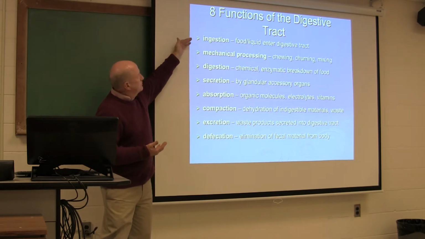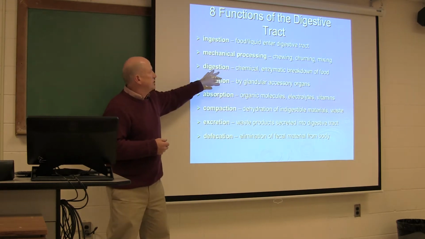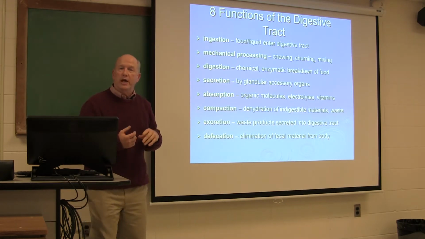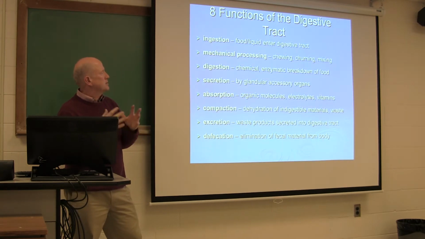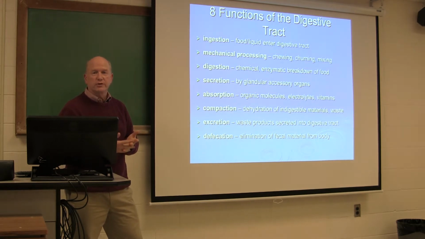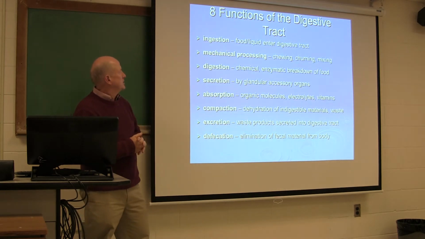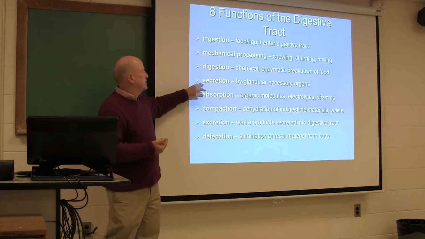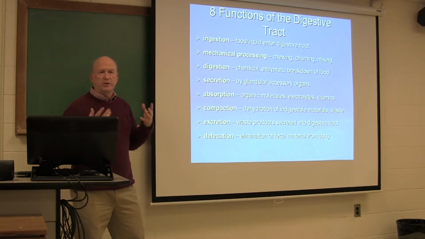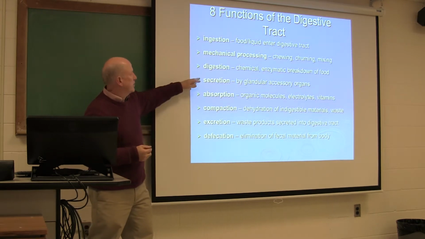First, we've got to put it in, then we've got to break it apart, and we've got to do some chemical digestion, meaning the enzymes take down the proteins and other food substances into smaller molecules. The stomach, we'll see later, produces hydrochloric acid, which actually helps this chemical digestion. There are also secretions like the liver and the pancreas I mentioned, but there are other secretions from epithelial cells all along our digestive tract as well.